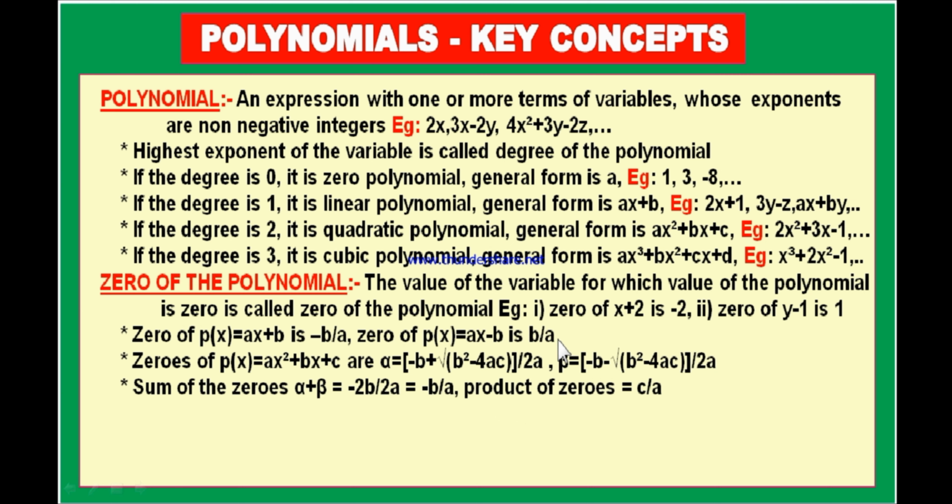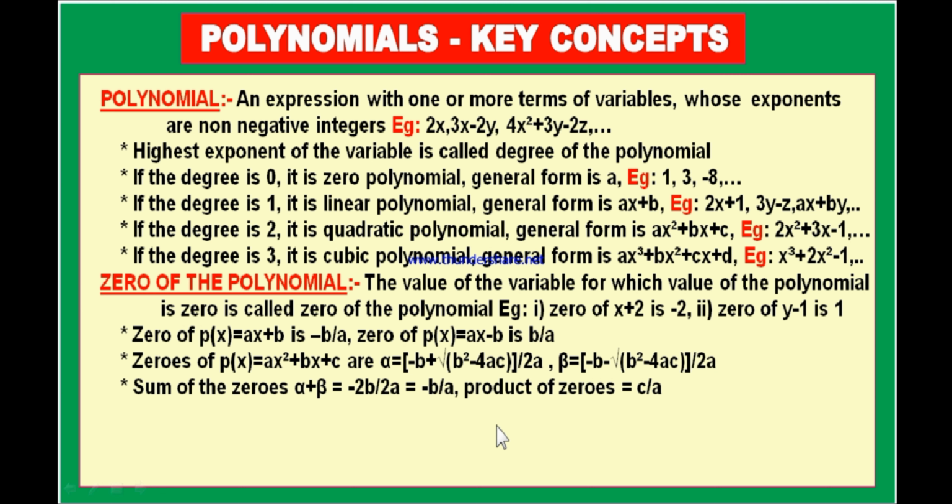If you take both these alpha and beta, if you find the product and simplify, you will get this formula c by a. Understood? Then the sum of the zeros of a quadratic polynomial alpha plus beta is equal to minus b by a. And the product of the zeros of a quadratic polynomial is c by a.